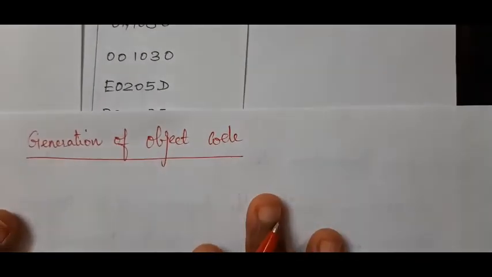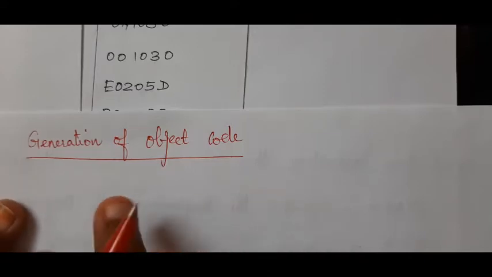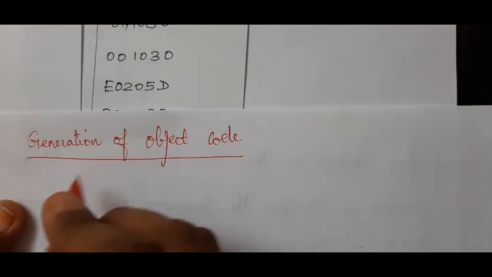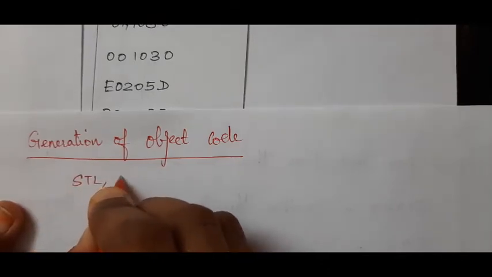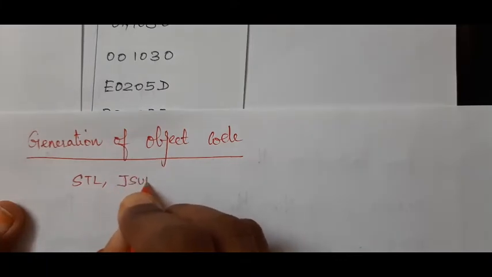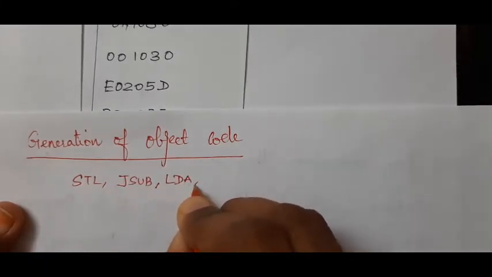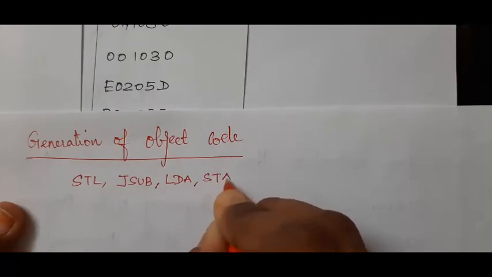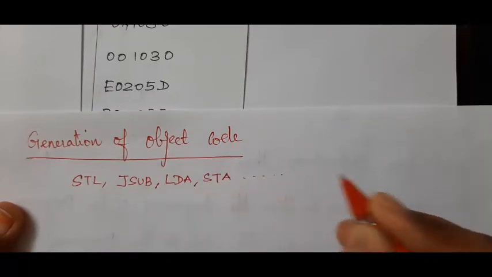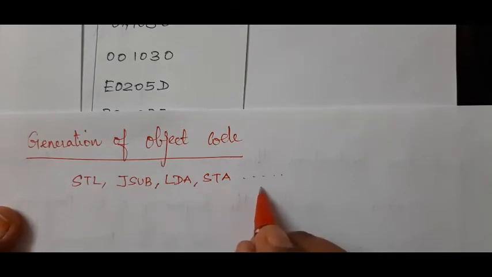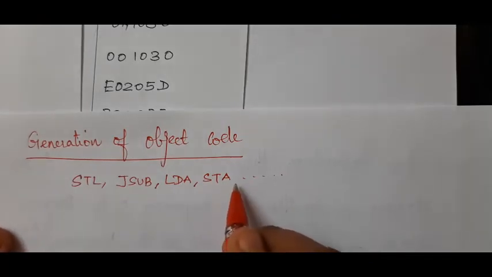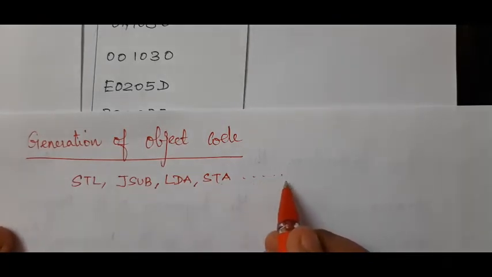Generation of object code. So we need a mnemonic table. Mnemonic means what? Mnemonic is nothing but an opcode. So as I told you, STL is a mnemonic and JSUB is a mnemonic. LDA, load accumulator, is a mnemonic. STA, store accumulator, is a mnemonic, and many more. These are called mnemonics. In the mnemonic table we have mnemonics along with values.